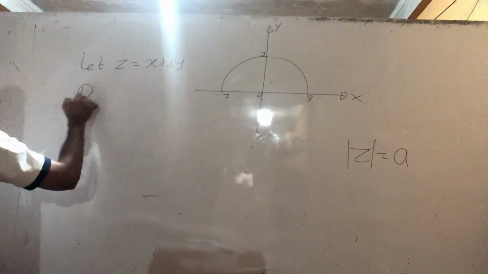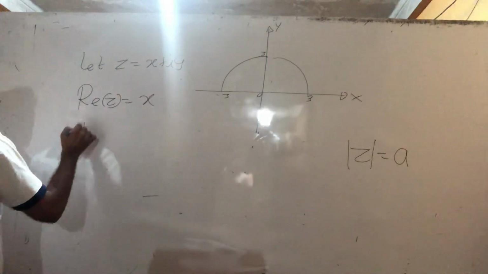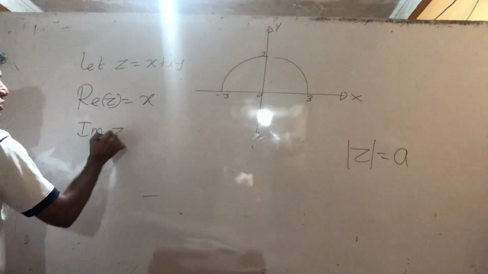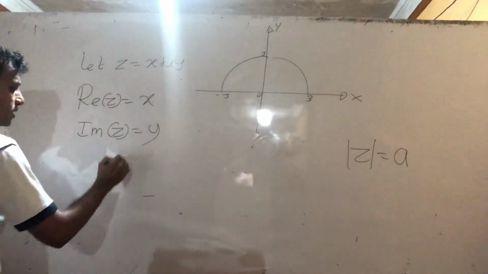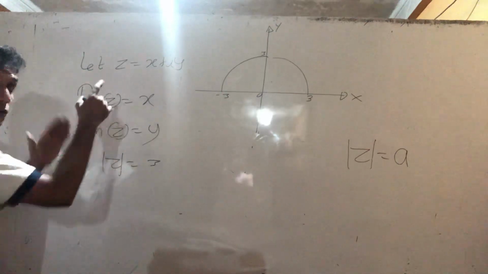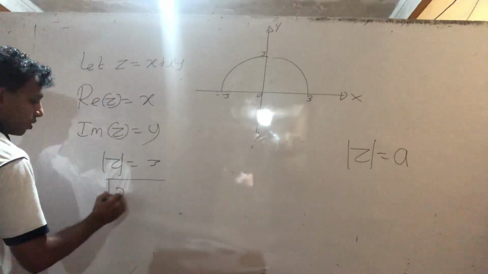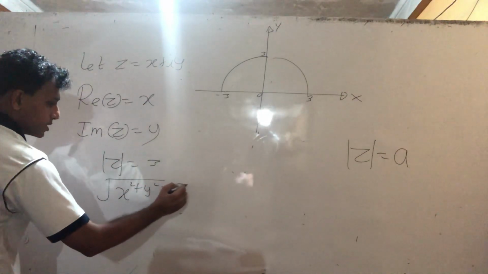What is the real part? x. What is the imaginary part? y. Also they said mod z equal to 3. If I show the algebraic form, you know the modulus of a complex number is the square root of x squared plus y squared equal to 3.